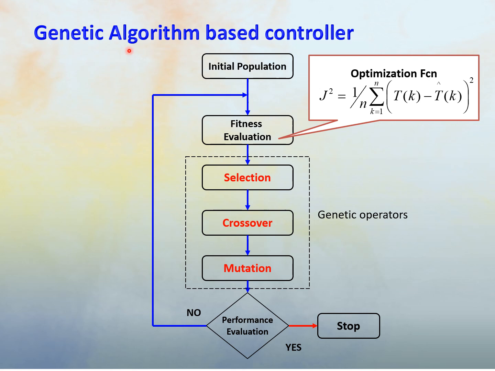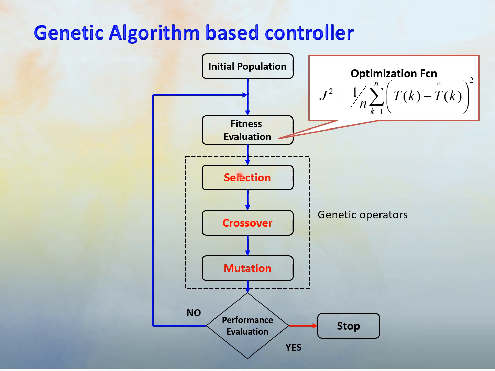And finally, you have the genetic algorithm based controller. Basically, it uses the biological system of male chromosome or female chromosome to come up with an offspring of the best output. So you decide the fitness, how you want to optimize, using what method, what equation, in this case temperature.